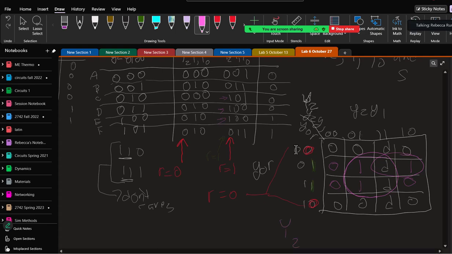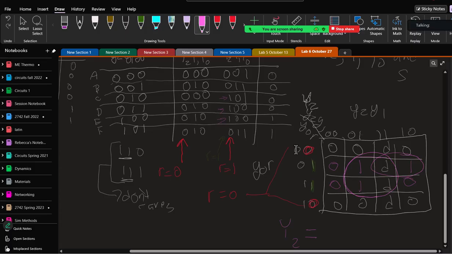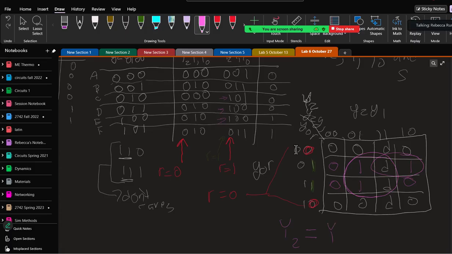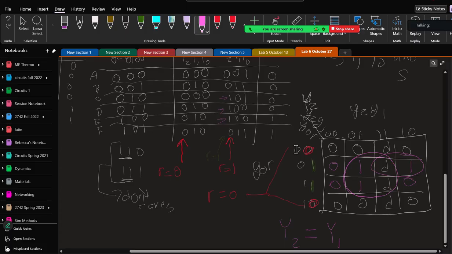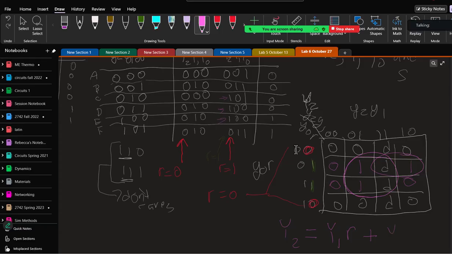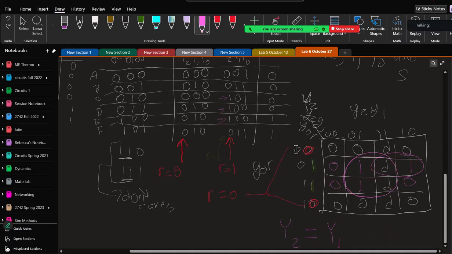So I get y2 equals y1 r or y2 y0' r. Those should be lower case, hold on.